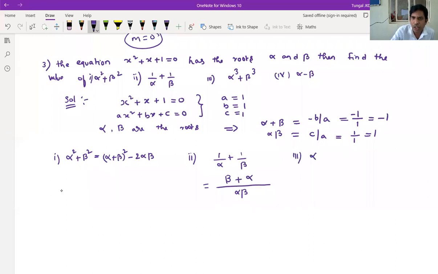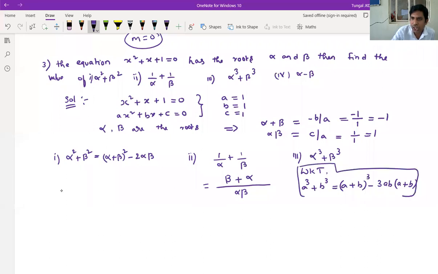Third one, alpha cube plus beta cube. This one we have to find out. So we know the a cube plus b cube formula from lower classes. a cube plus b cube is nothing but (a plus b) whole cube minus 3ab of (a plus b). This is the formula we have in lower class. a cube plus b cube is equal to (a plus b) whole cube minus 3ab of (a plus b).